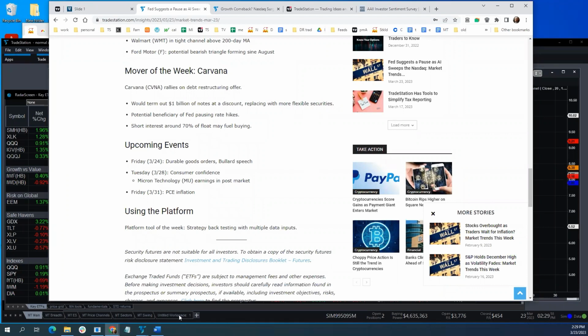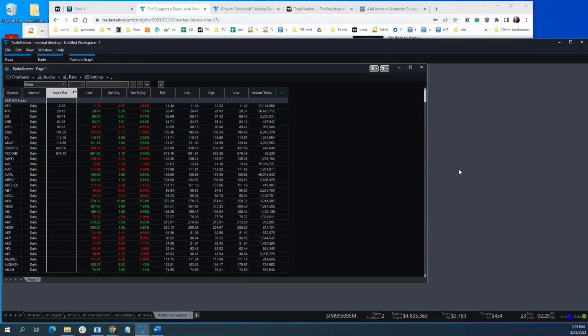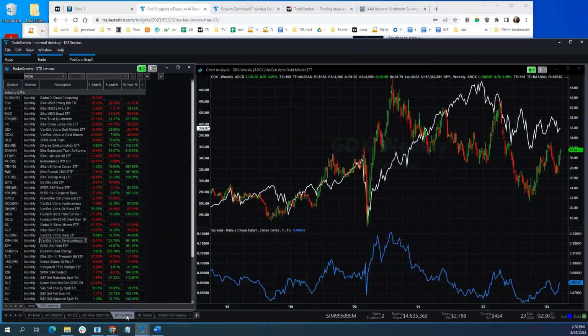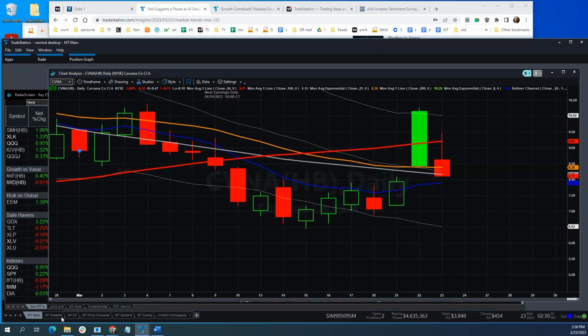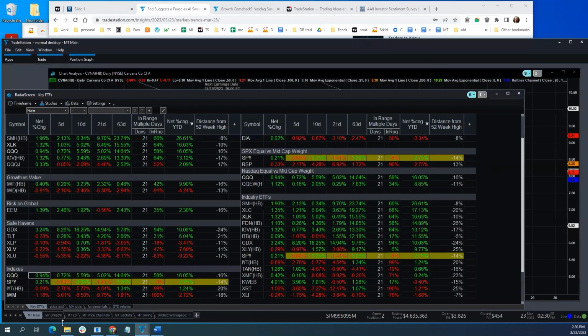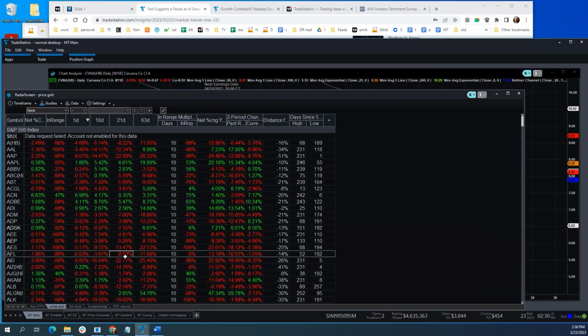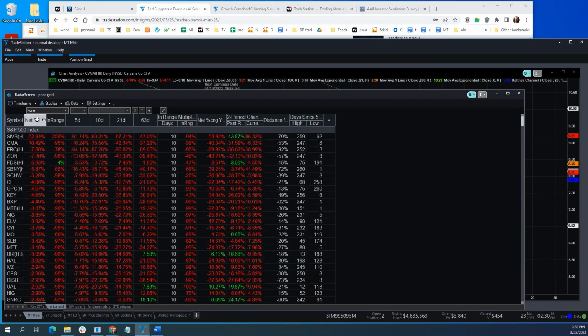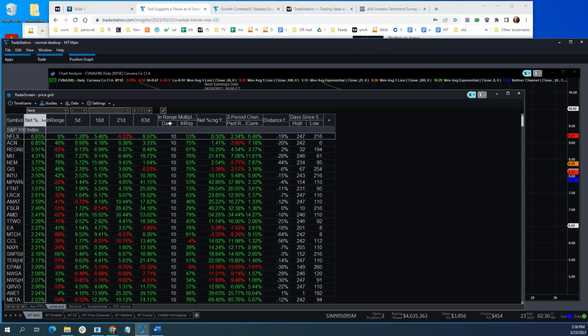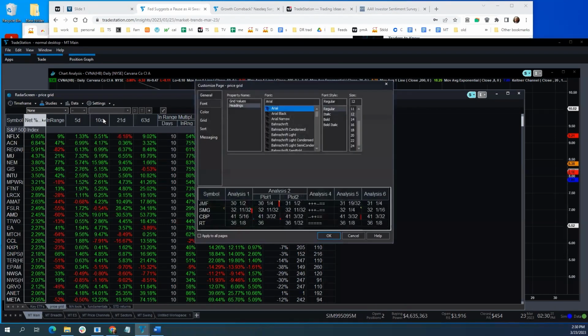The other thing I want to show you, I'm going to very quickly bring up this chart. Actually, you know what? Let's just look through and see if we have any idea of what's happening here. If we go to the price grid, this is the S&P 500. If we just look at today, for example, Tesla's now negative.